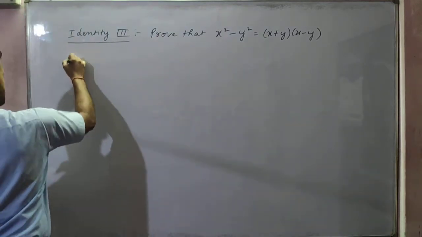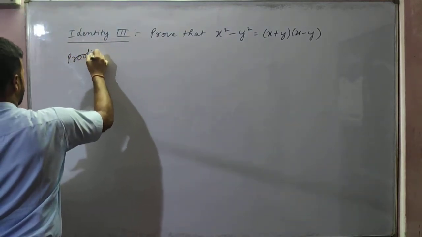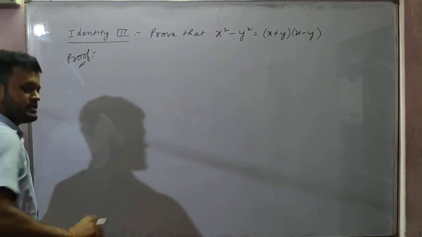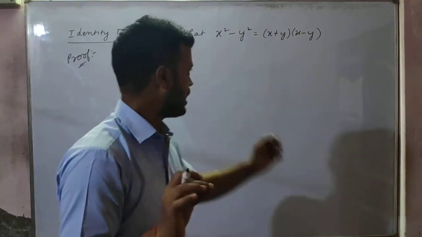So we will prove this, students. This one also we will take as a proof. Each and every identity we will prove so that you know how this formula has come.